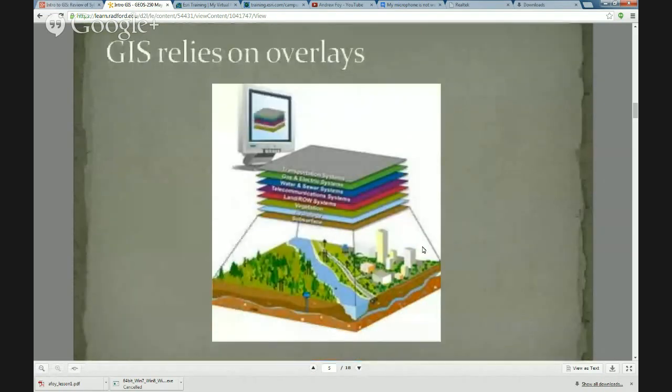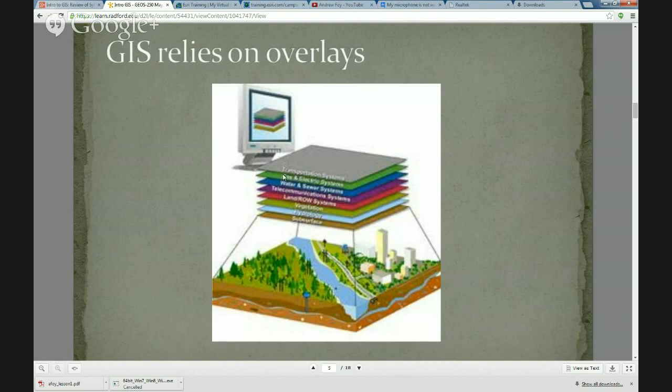Now, what makes a GIS different from a map? Well, the GIS allows us to overlay data. And we can overlay data that maybe comes from many different sources. And we use these overlays to model the real world. So here we can see we have one layer, which is maybe a transportation map, which has roads or railroads, bike paths, sidewalks, things of that nature.